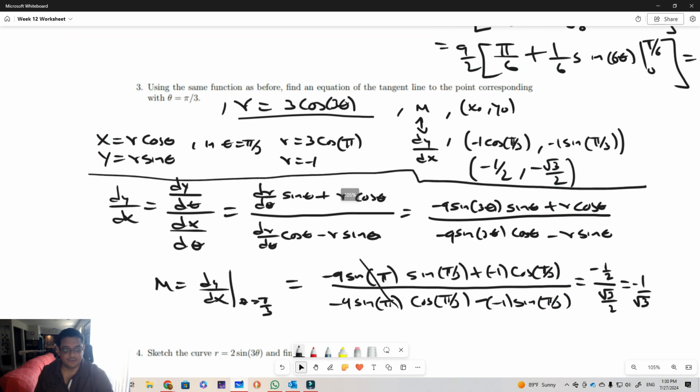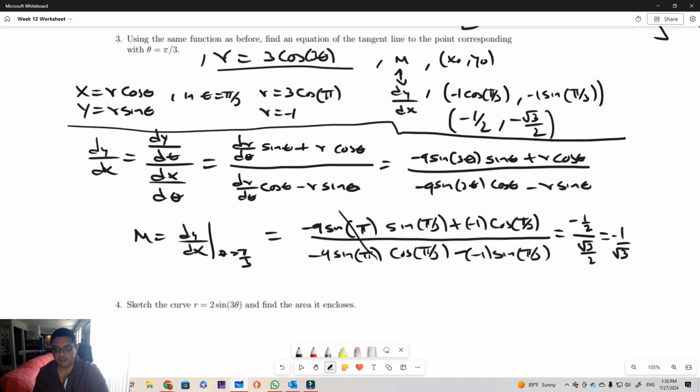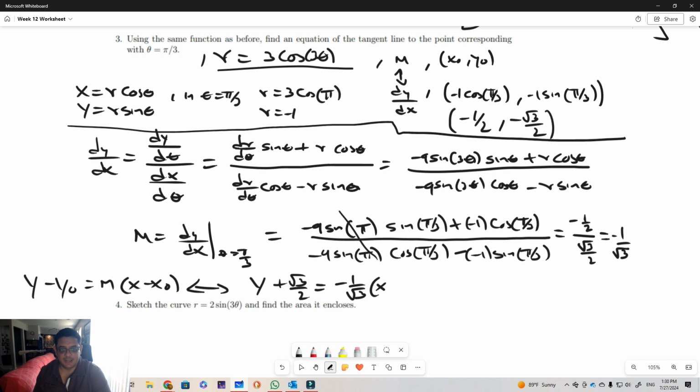So now I have a slope and point. I have everything that I need for my equation of the line, which is y minus y0 equals m times x minus x0, or y plus square root of 3 over 2 is equal to minus 1 over square root of 3 times x plus 1/2. And so this here is the equation of the line.